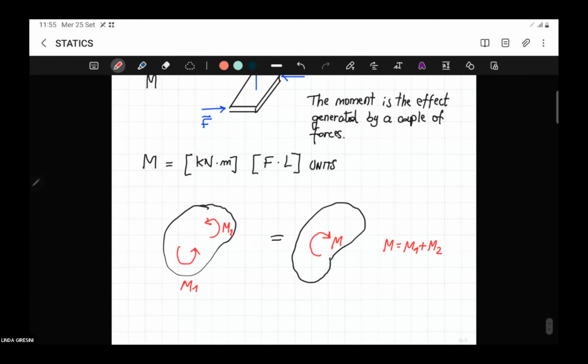Oh yeah, of course, please. They are in the same direction. They are both counterclockwise. Yes, you're right.